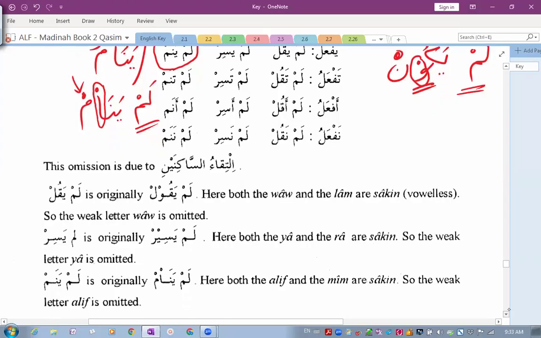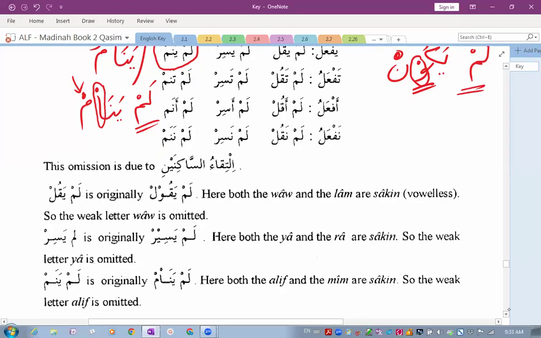You said if it is ajwaf wawi, then the fa kalma gets a dhamma, as in nimna from nama. Yes.